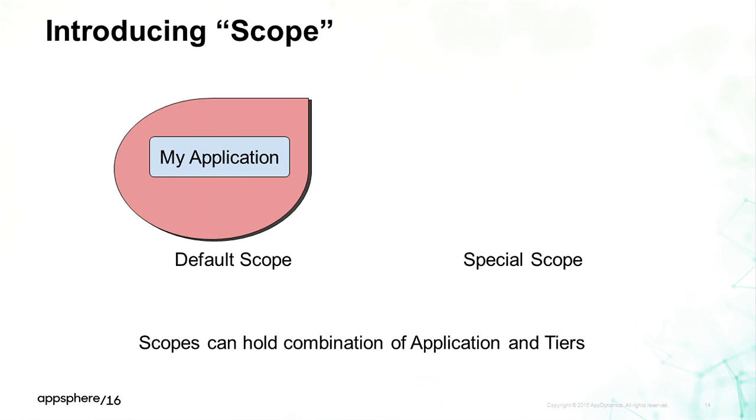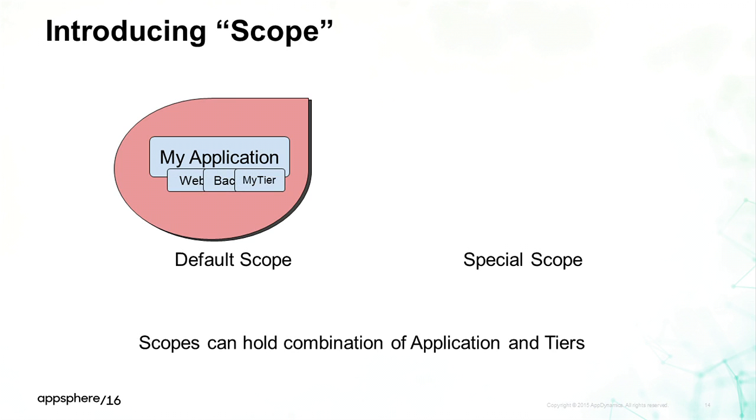So the idea is that you have a scope that has your application. All your tiers currently belong to your application, and that becomes an implicit scope. When you upgrade, when this gets to GA, we will have a default scope for you, and we'll tag all your tiers to that default scope. And that's how you'll be upgraded.